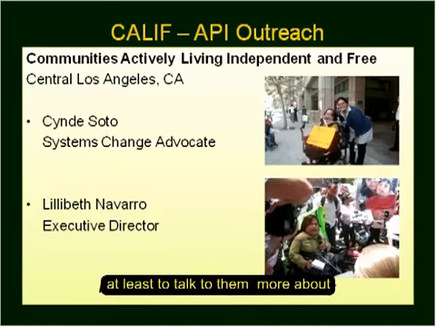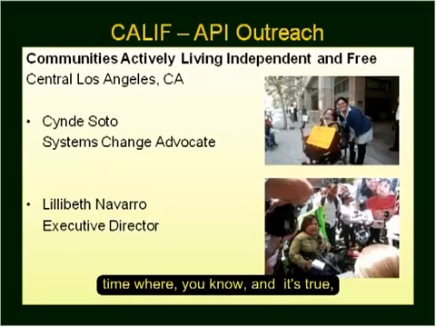However, we need to prove to them, at least to talk to them more about how we can actually manage our lives. Because sometimes, even if you're managing your life and they see somebody helping you, all the credit goes to the one helping you.